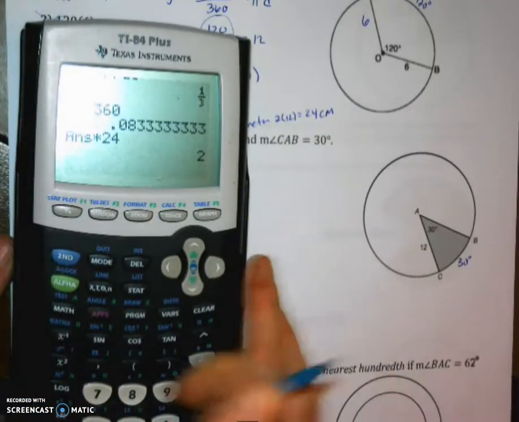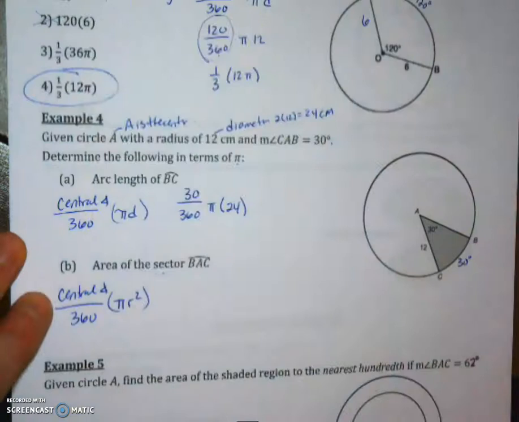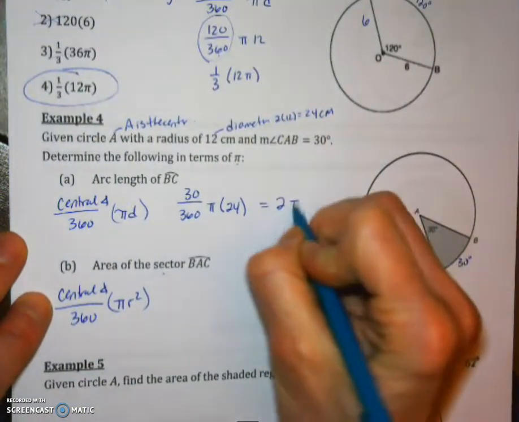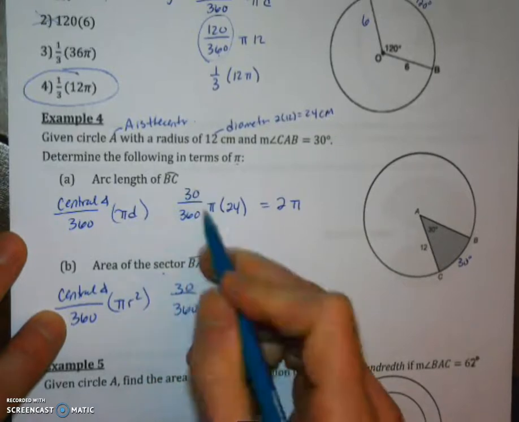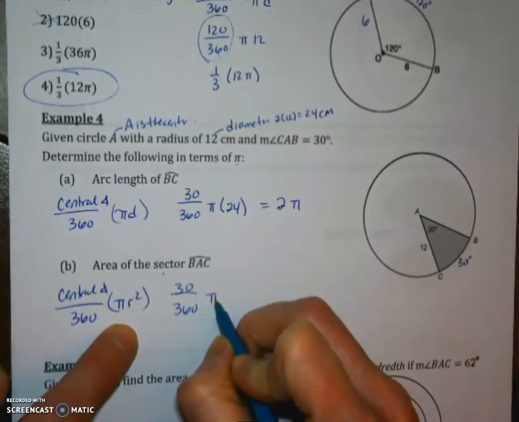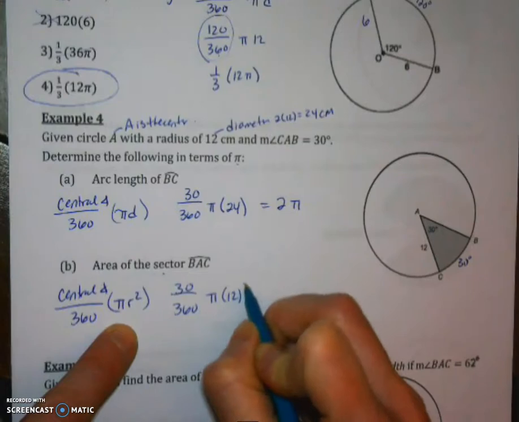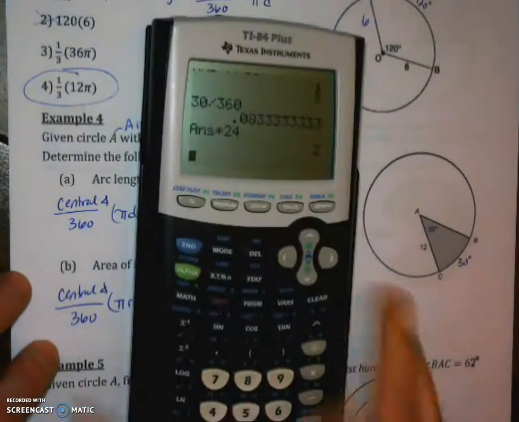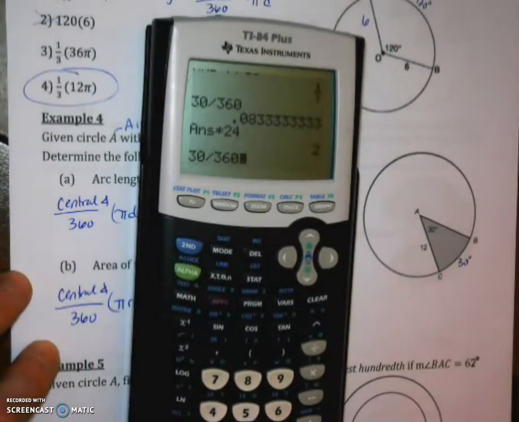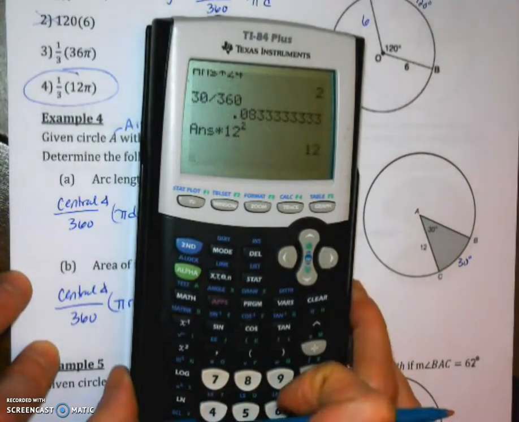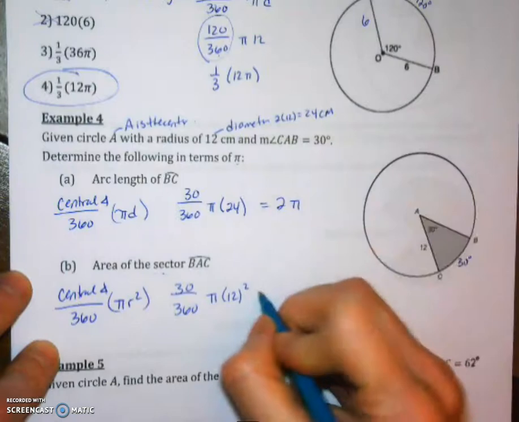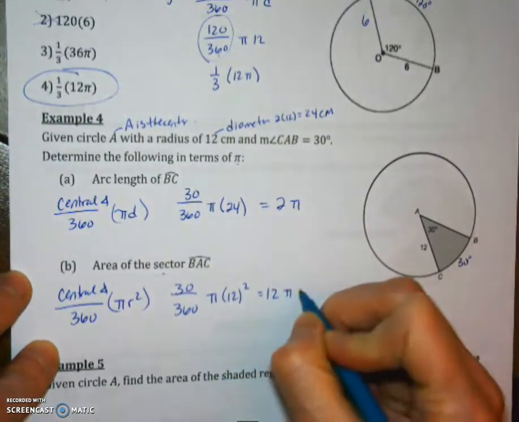And you're not putting pi in the calculator, so it comes out to be 2 pi. And the next one is 30 divided by 360. Again, it starts out the same, but this time we're talking about the area. So it's pi times 12 squared. So 30 divided by 360, multiply that by 12 squared, it comes out to be 12. So the answer for this one is 12 pi.